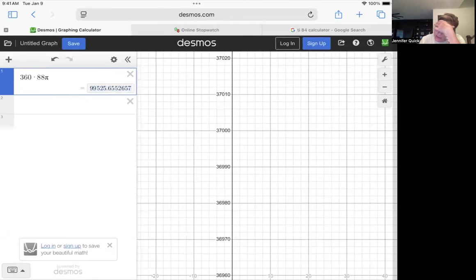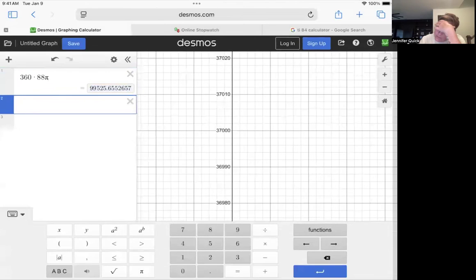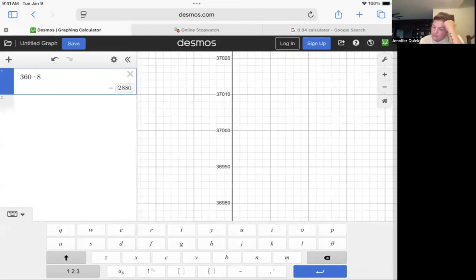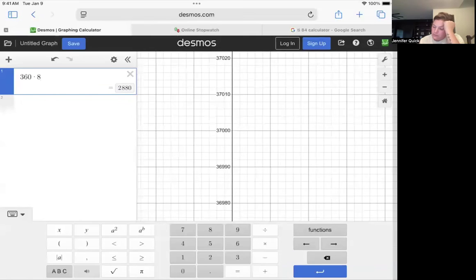Okay, here, I feel like I want that to go here. Can I copy that? I wonder if I could do like ANS in my calculator. No, I cannot. 88 pi.